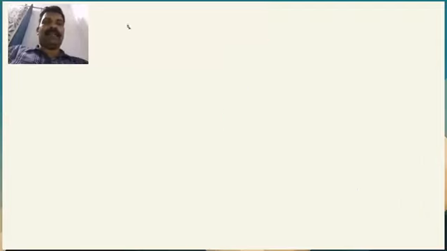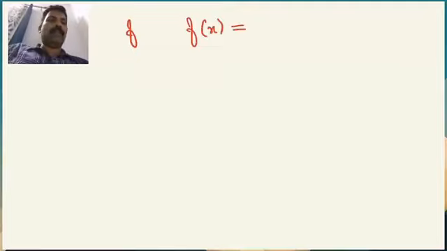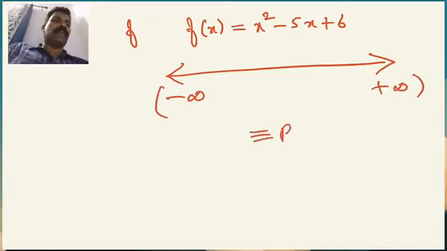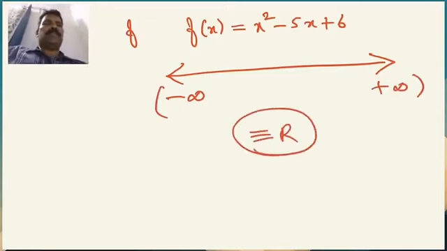Now consider the function f given by f of x is equal to the polynomial function x squared minus 5x plus 6. You know, for a polynomial function, the domain is negative infinity to plus infinity, the open interval, meaning the set of all real numbers.